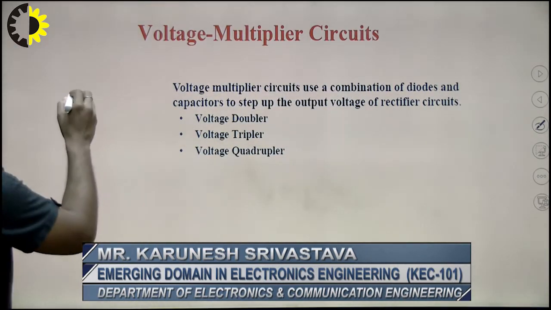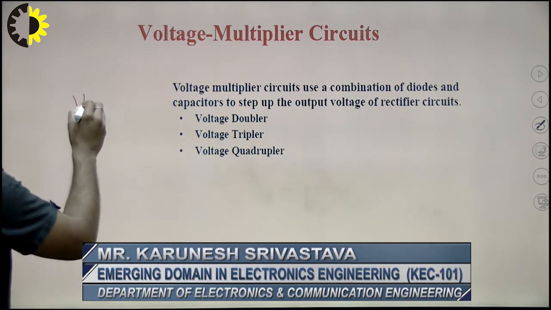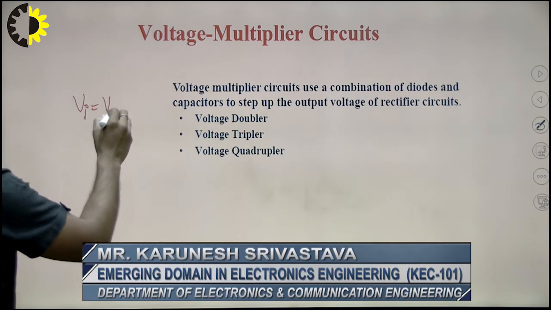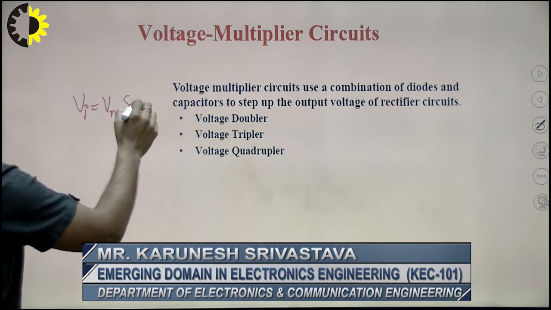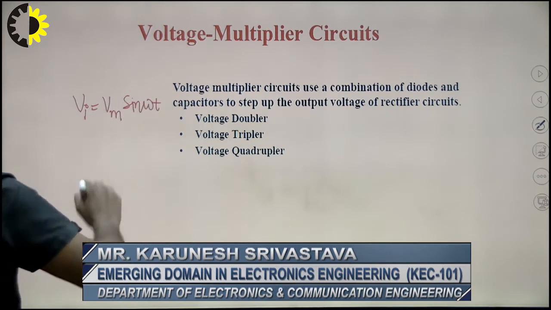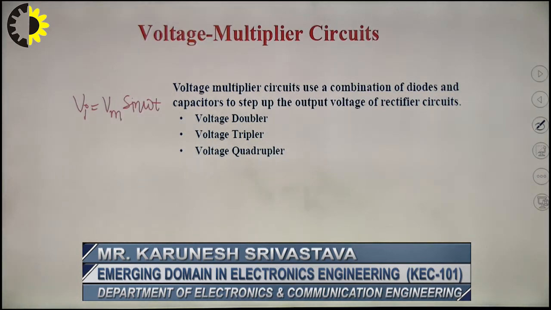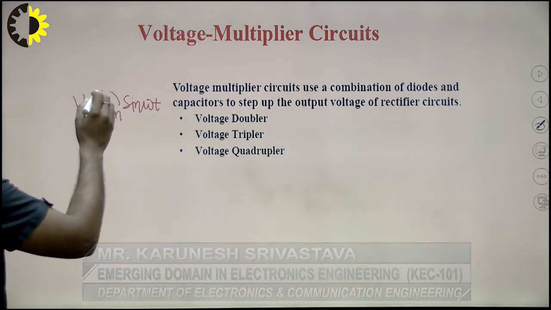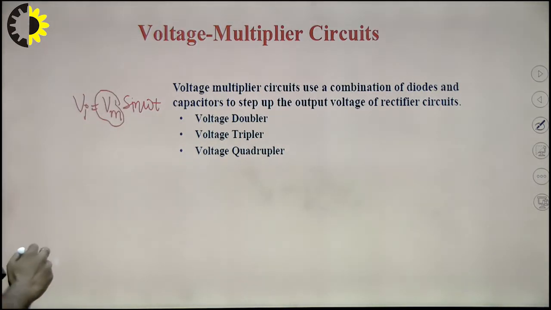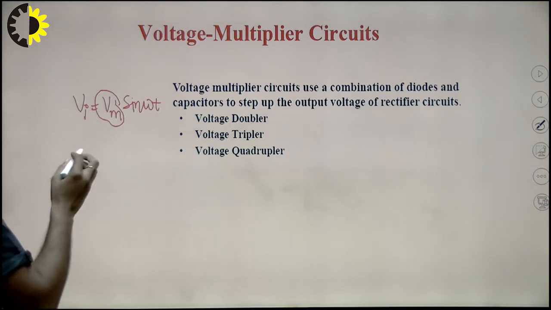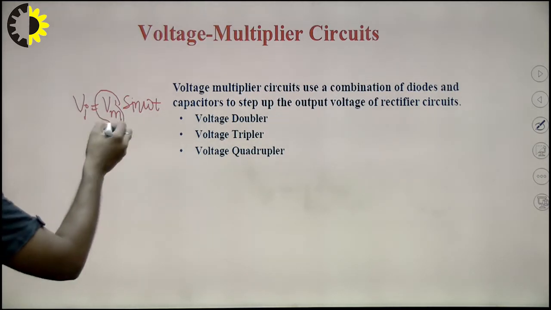If I am applying the input Vi equal to Vm sin omega t, it means the maximum value of the input signal is Vm, and the voltage multiplier circuit will produce a multiplication of this peak value.